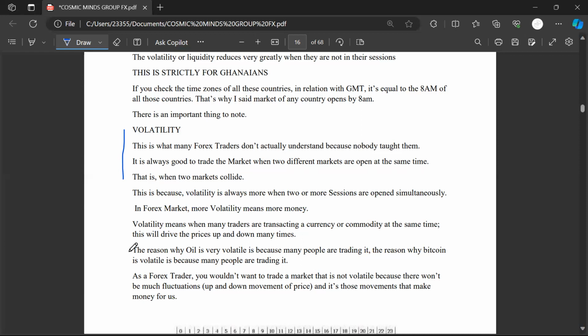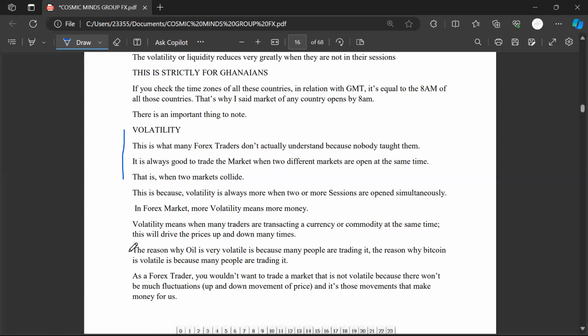The reason why Bitcoin is volatile is because many people are trading it. We have heard in the news and among friends that Bitcoin is going up, Bitcoin is buying, Bitcoin is increasing. It's in the uptrend. So doing that will make that currency or commodity very volatile.